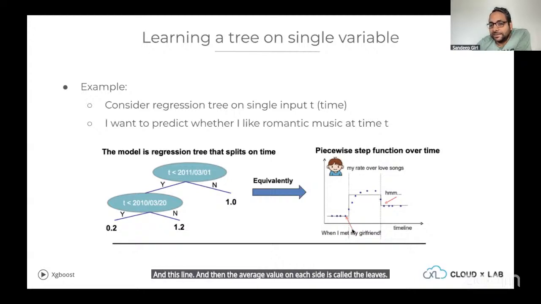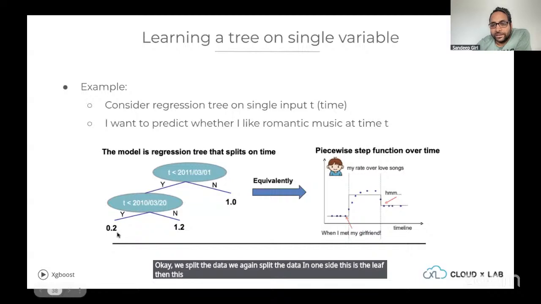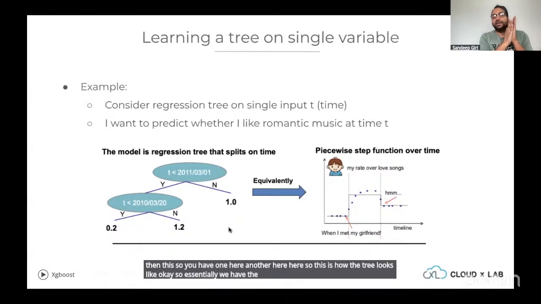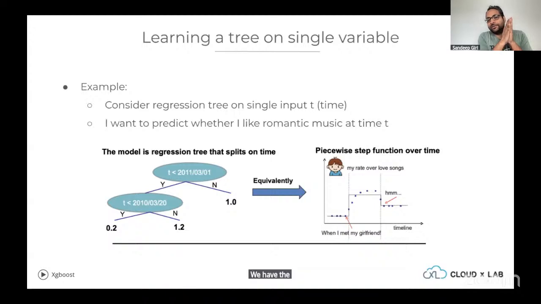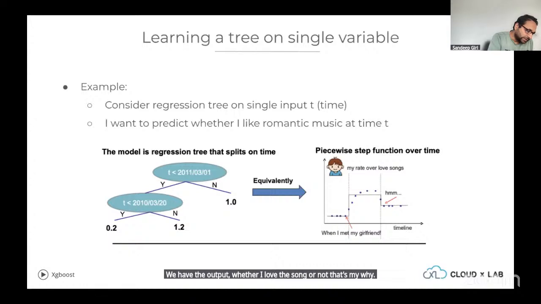We split the data, we again split the data. On one side, this is the leaf, then this. So you have one here, another here, and here. This is how the tree looks. Essentially we have the output, whether I love the song or not. That's my Y. And this is the time X, which is the timeline.